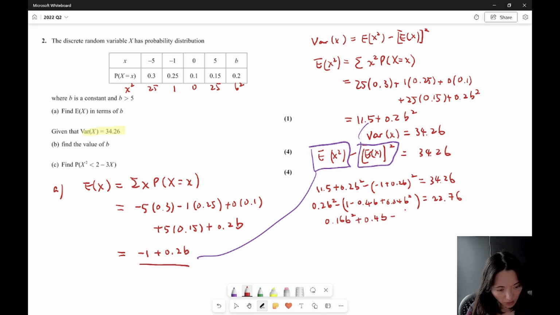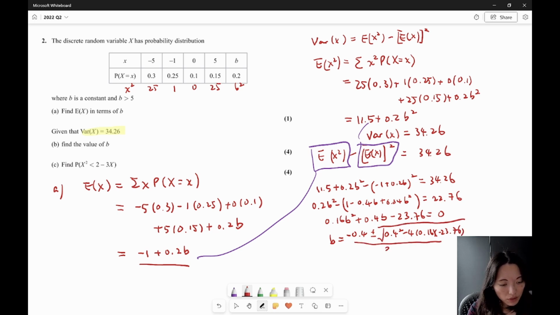Plus 4b minus 23.76 equals 0. Therefore, b is minus b, minus 0.4 plus or minus the square root of b squared minus 4ac, all over 2a.